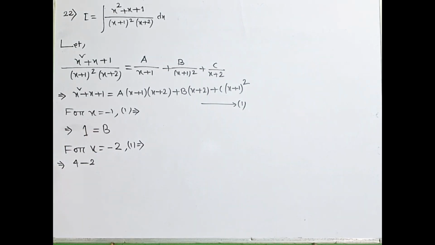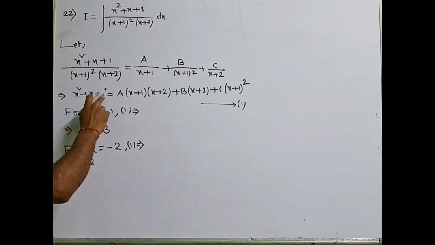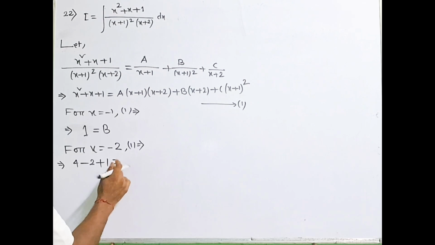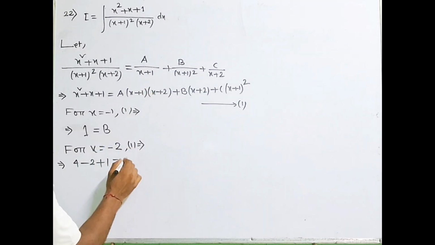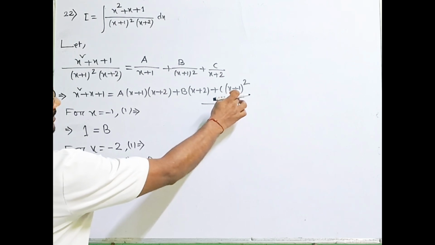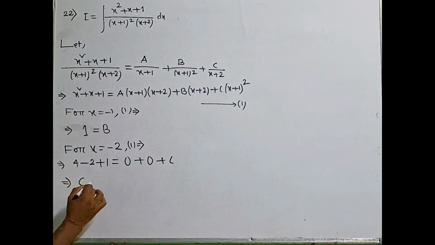B is 1, not 3. Now, if we take x = -2, then squared it is 4, minus 2, then plus 1. Equals to, here for x = -2, the first term is 0 and the second term is 0. So, -2 + 1 = -1, that is C. Then the value of C you obtained, how much? 4 minus 2, 2, plus 1, 3. C is your 3.